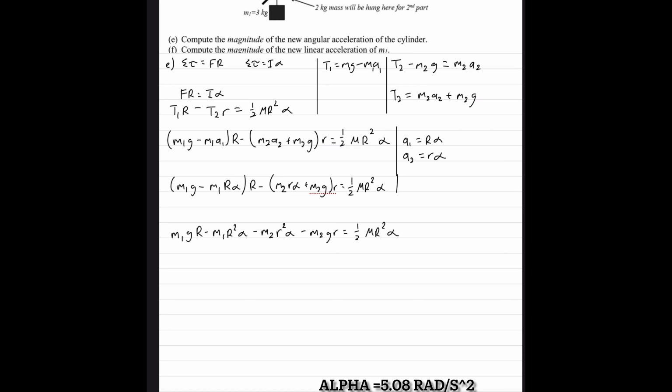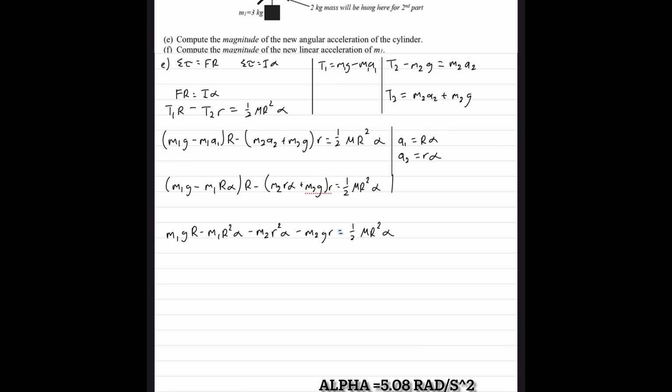R squared alpha. Okay. Now I'll try to isolate for alpha. So okay.